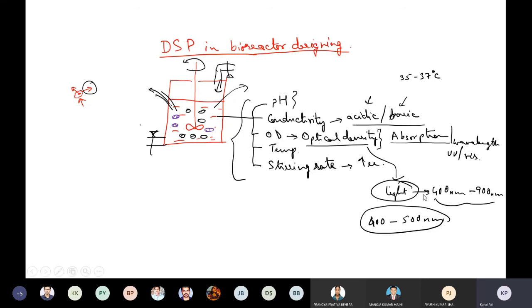It is basically the haziness. If you add something insoluble in water and stir it, initially the water will be clear, and slowly it will become hazy, right? When you quantify that haziness, we call it optical density.